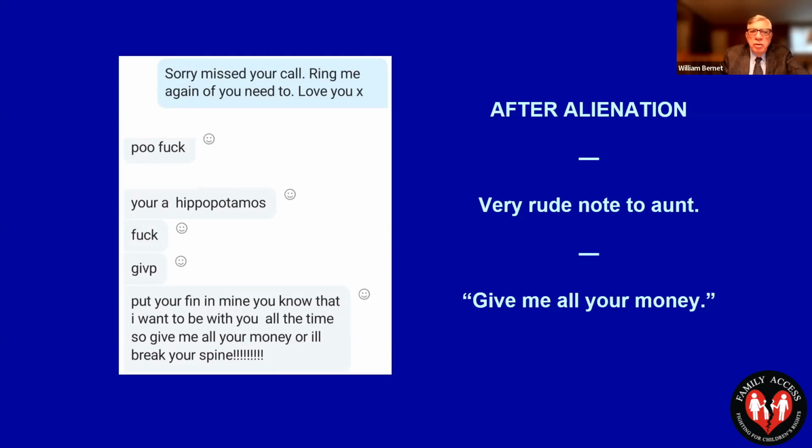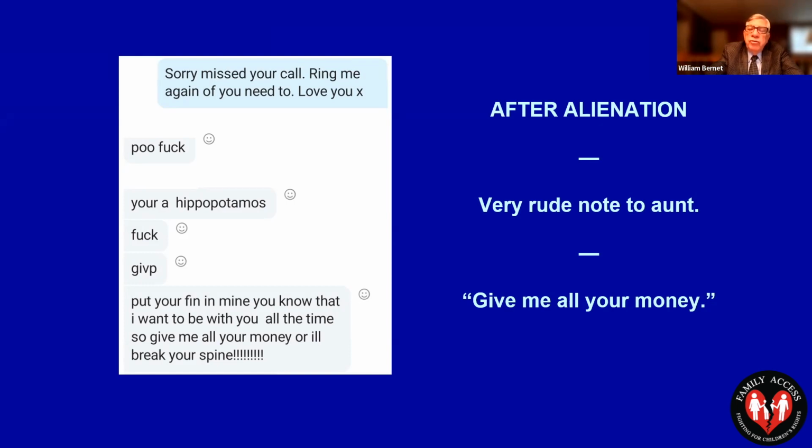So, I mean, these are very painful, negative messages between the child and the aunt. And I gather from this material that previously the child had a perfectly normal, loving relationship with the aunt. As you know, what happens in alienation is the child rejects the parent, but also rejects the parent's extended family.